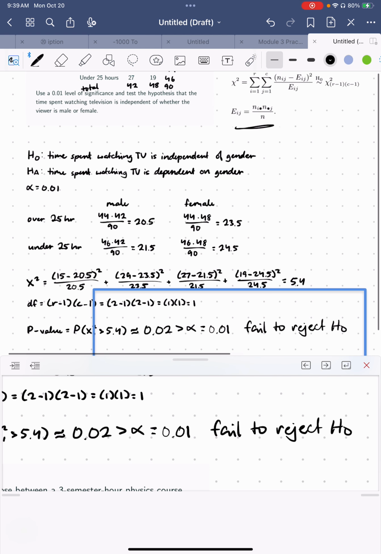And so we can conclude that the time spent watching television is independent of whether the viewer is male or female.